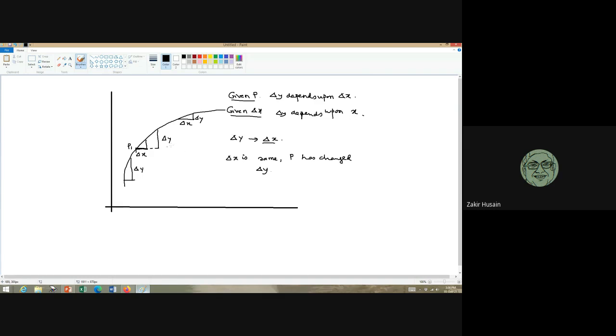For the same del x, del y will be different as we move along the curve. So that is why we say that del y depends upon x, and it also depends upon del x. Clear?